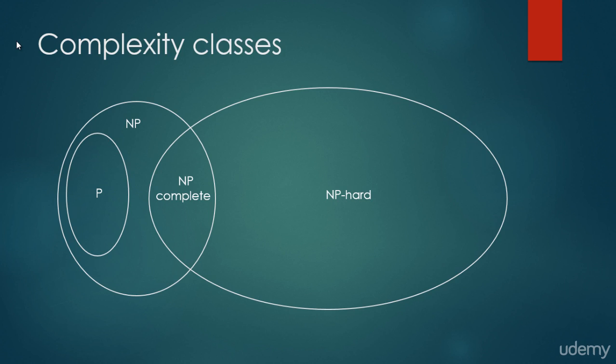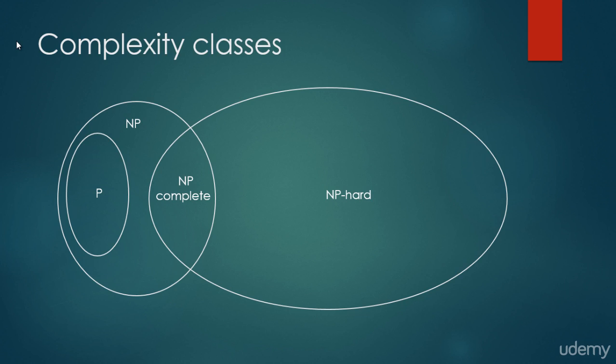As far as the complexity classes are concerned, we have the so-called P, the NP, the NP-complete, and the NP-hard. The P stands for polynomial, and most of our algorithms are in this class, as far as searching, binary search tree operations, ternary search trees, or sorting an array are concerned. We want to find the shortest path in a given graph between two vertices.